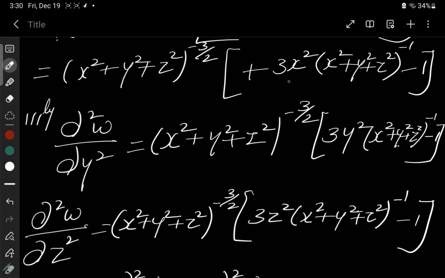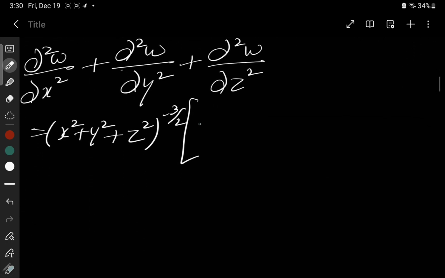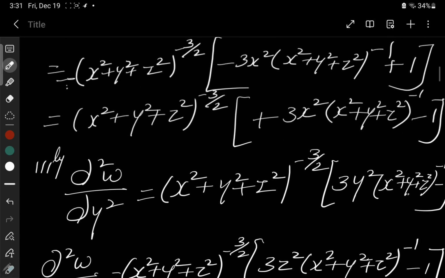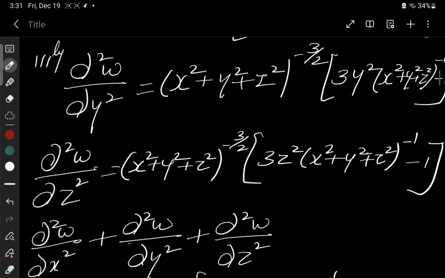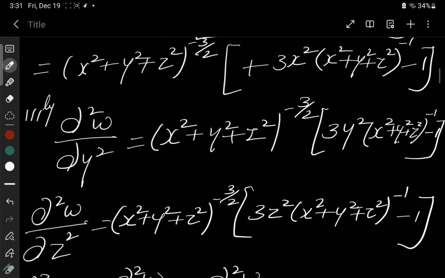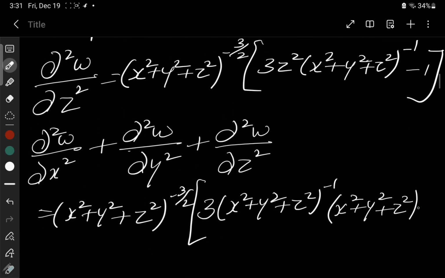The next term 3 is also the same here. Just we replace it with x squared plus y squared plus z squared. So I take 3 and then x squared plus y squared plus z squared, the whole power minus 1, as common. The rest of the terms are x squared plus y squared plus z squared, then minus 1 minus 1 minus 1, you will get minus 3.